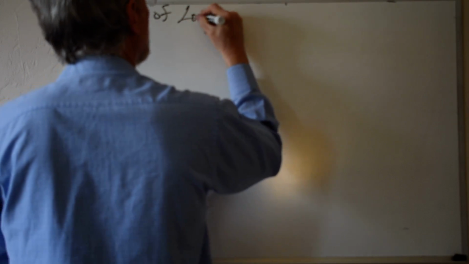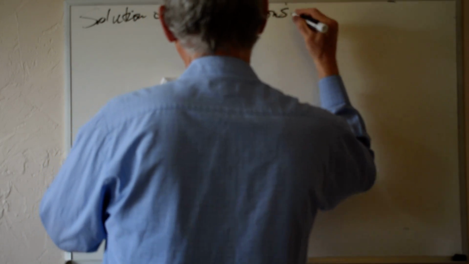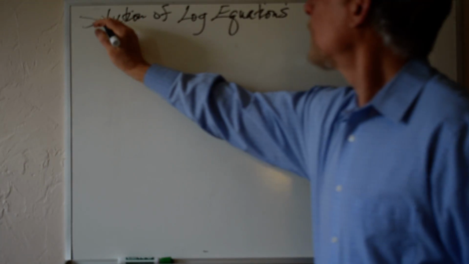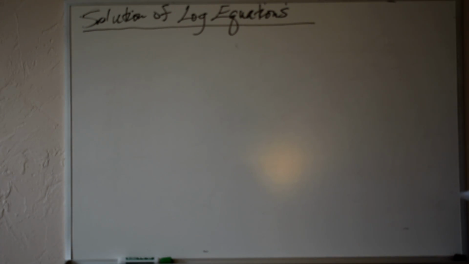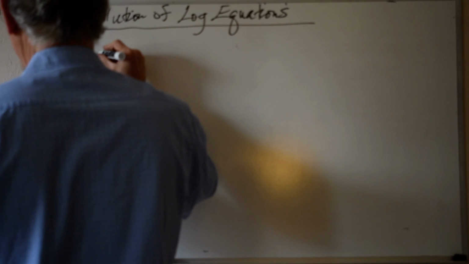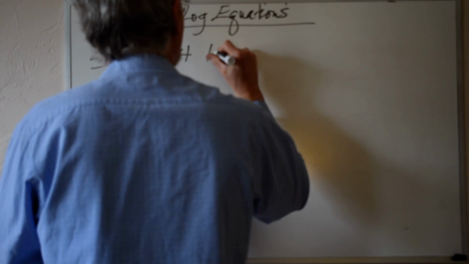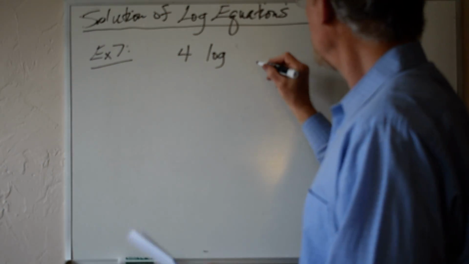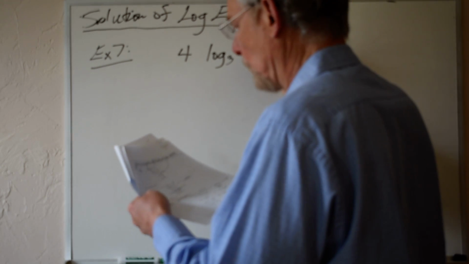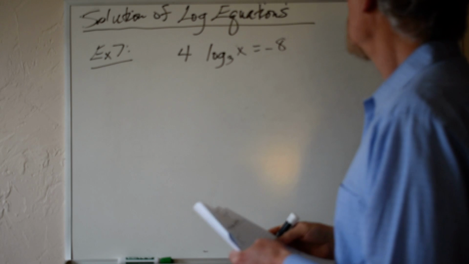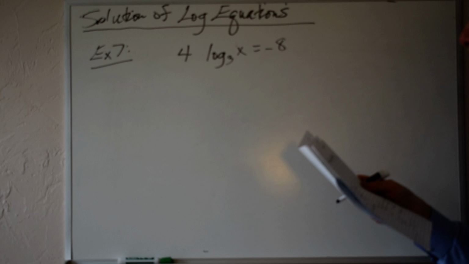Not exponential equations, log equations, by converting to exponential form. So we see on page 350, example 7. This is a log equation. It's an equation that has a log expression in it. 4 times the log of x to the base 3 equals negative 8.